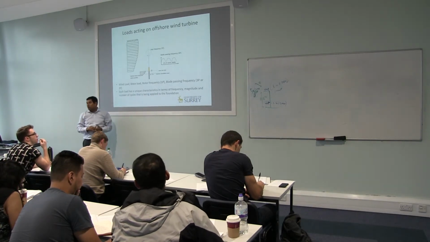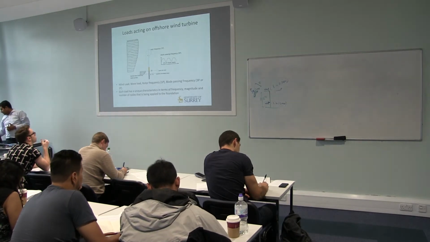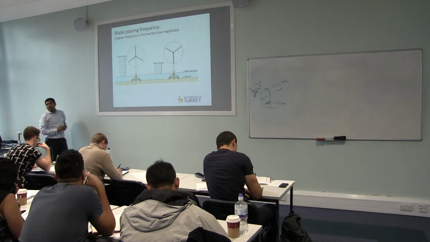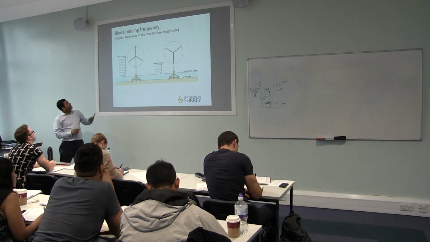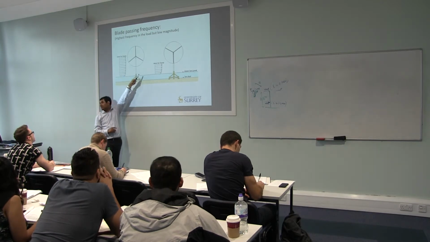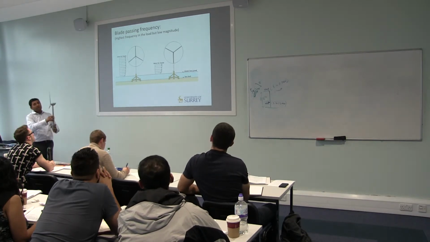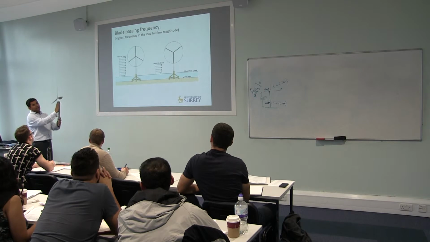There's another load called the blade passing load. Think of the tower. Think of this configuration where the blades are not in front. What is the load on the tower? The load is in the full thrust at the tower.